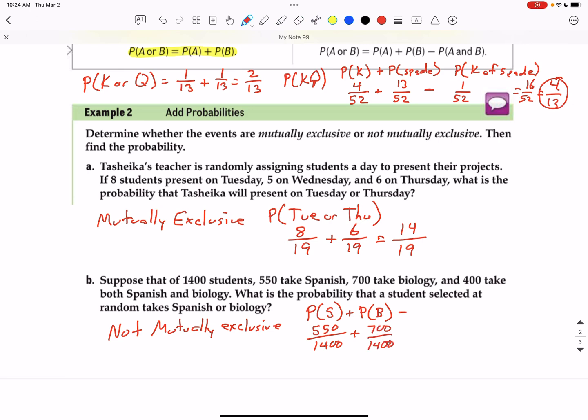But then we're going to subtract the probability that a student takes both. And it does say that 400 students take both Spanish and biology right there. So that would be 400 out of the 1,400 students. So when you add 550 plus 700 minus 400, that gives us 850 out of the 1,400 students. And that simplifies down to 17/28.